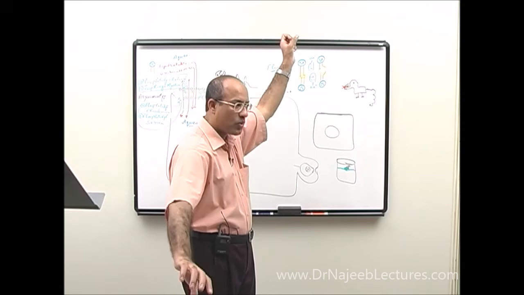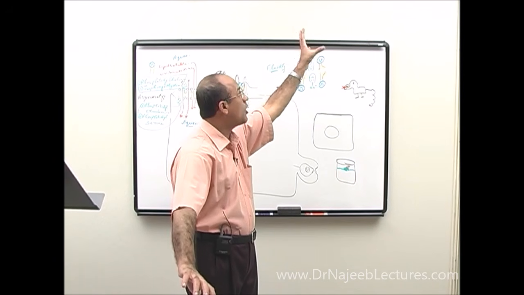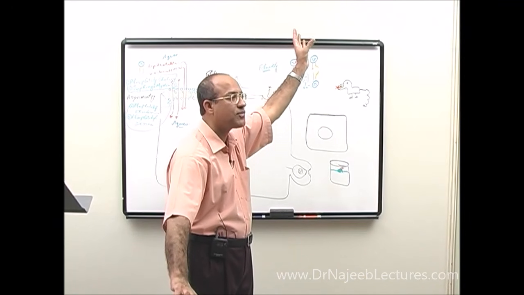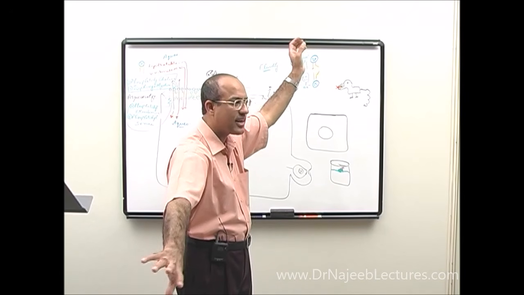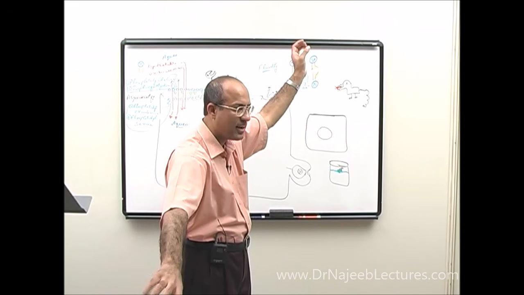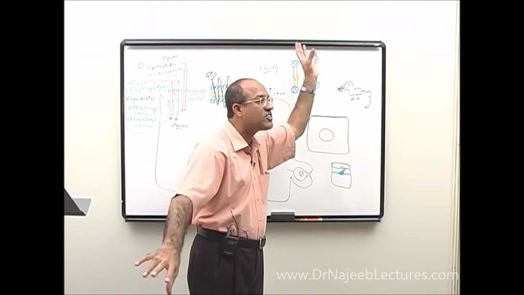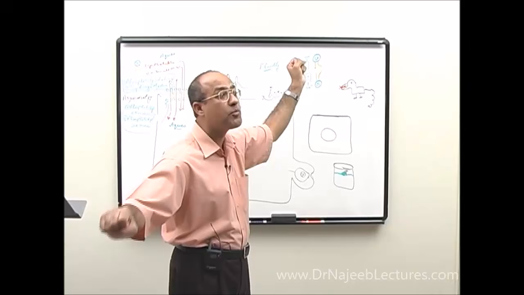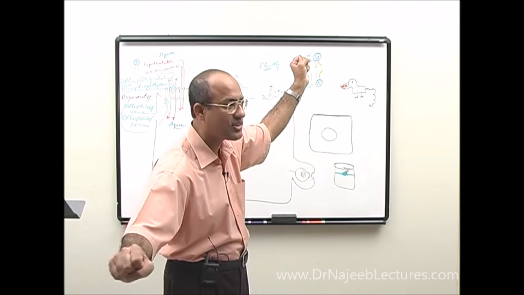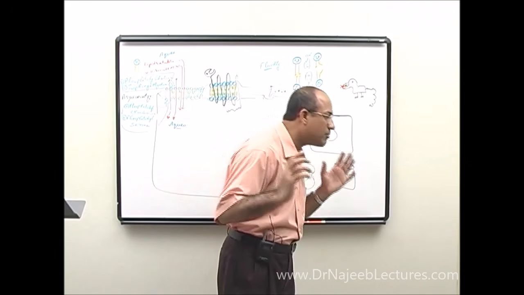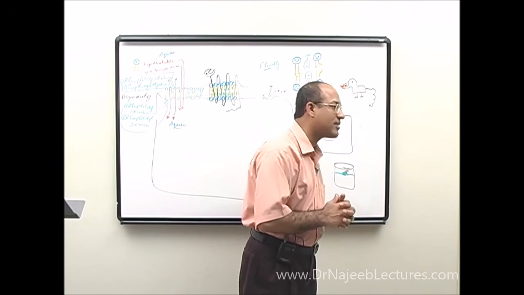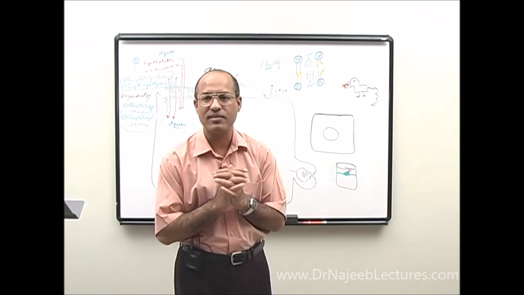Is that right? So what I'm doing, I'm a molecule. On one side, I can bind a specific substance. On the other side, I can give signals and modify the biological system. Such molecules which can bind with one specific substance and then produce modification in the biological system are called receptors. So what are receptors?